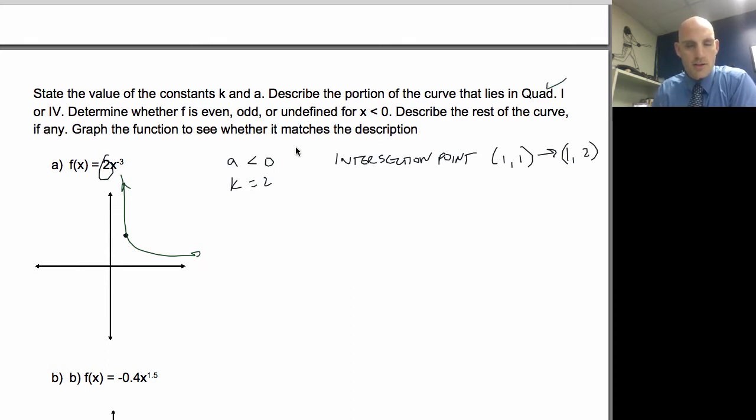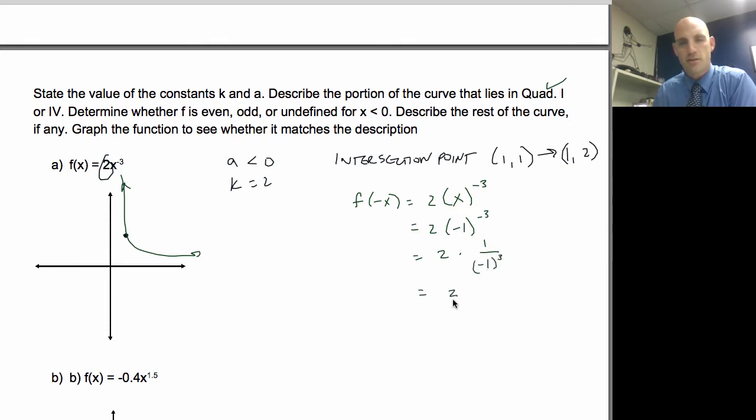Determine if it's even, odd, or neither. So let's do this. f of negative x is equal to 2 times x to the negative third. So that's 2 times negative 1 to the negative third. Oh boy, so this is 2 times 1 over negative 1 cubed.